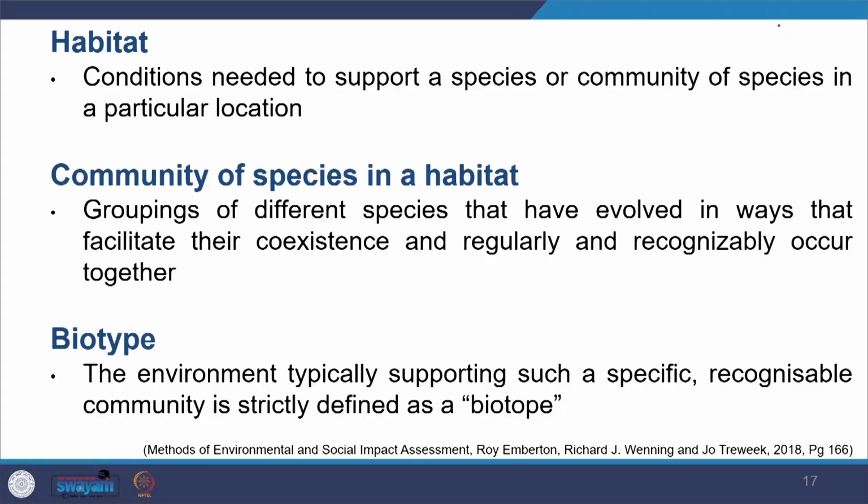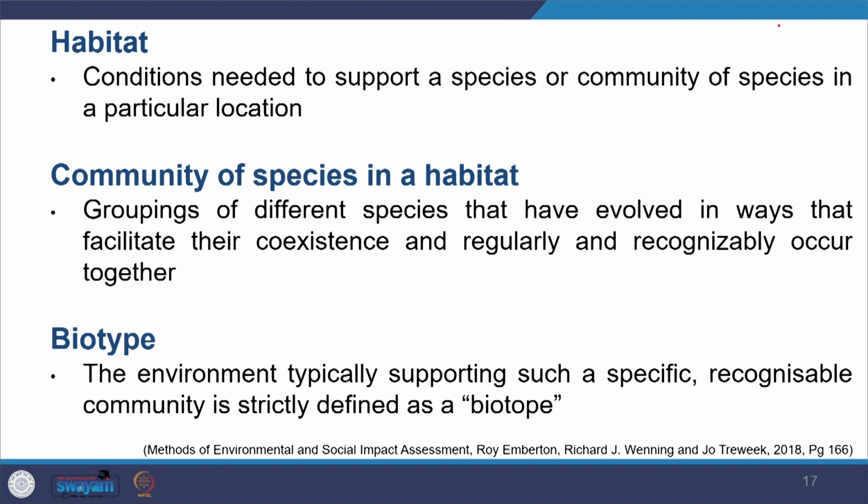Then looking at habitat, what is habitat? Habitat is the condition which is required to support a species or a community of species in a particular location. Wherever those conditions are required, they are defined as the habitat. Then we also see community of species in a habitat.